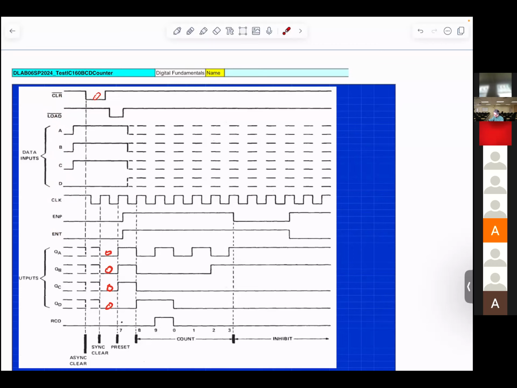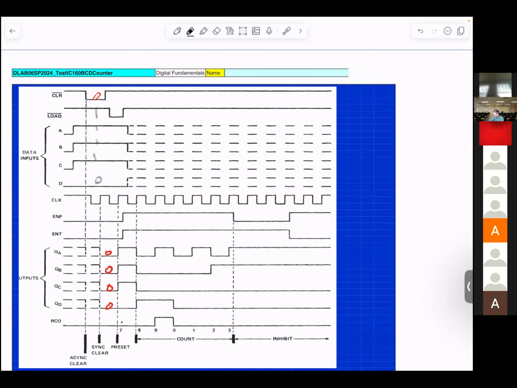When you apply the clear equal to 0, what is the load supposed to be? 1. Perfect. That means you know how to read it. And basically inputs A, B, C, D, they don't care. Whatever the number, right now it will be 1, 1, 1, 0.